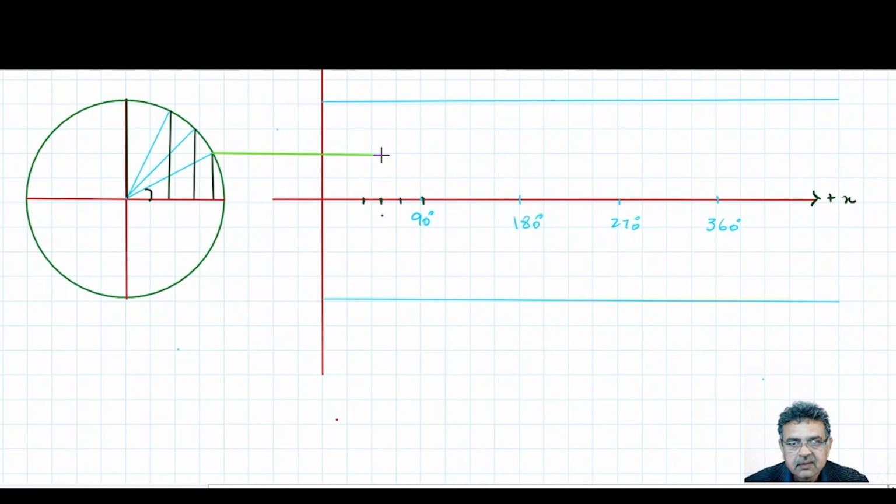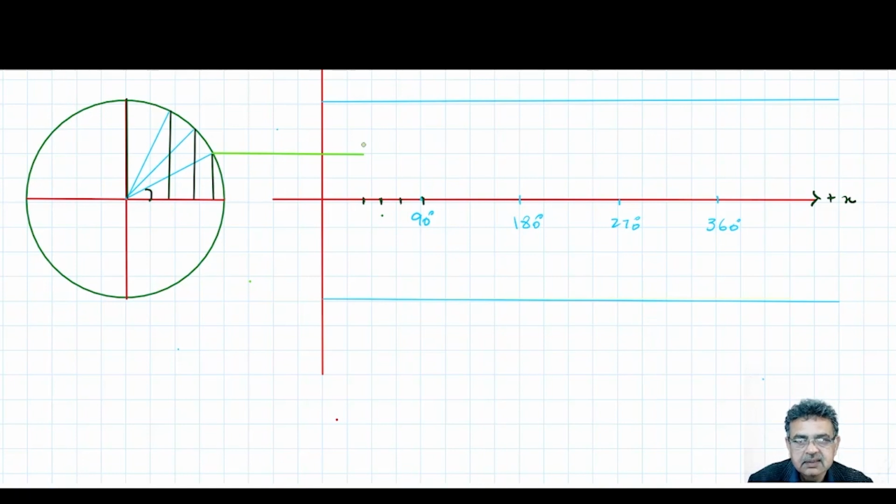Can you see one interesting thing, that this green line, this one, is exactly half of this distance.